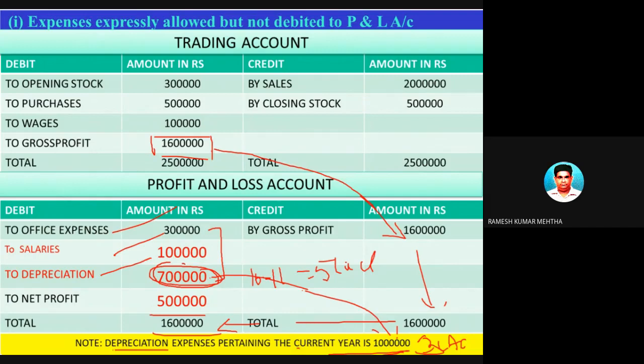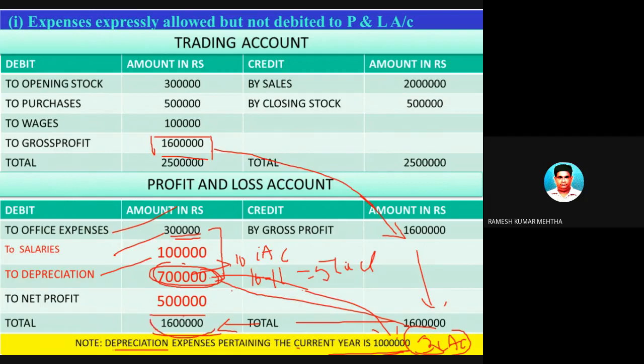So what should you do? You should add this 3 lakh rupees to the depreciation, so it becomes 10 lakh rupees. If I show 10 lakh rupees in place of 7 lakh rupees depreciation, 10 plus 1 is 11, 11 plus 3 is equal to 14.